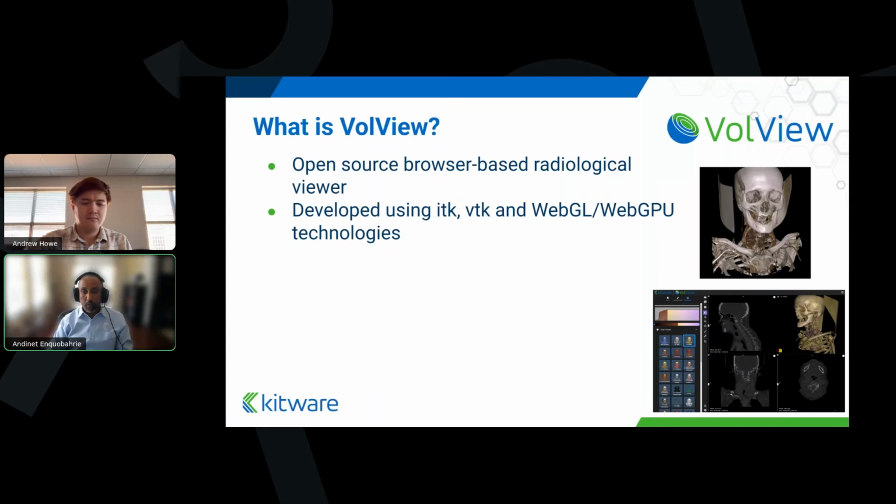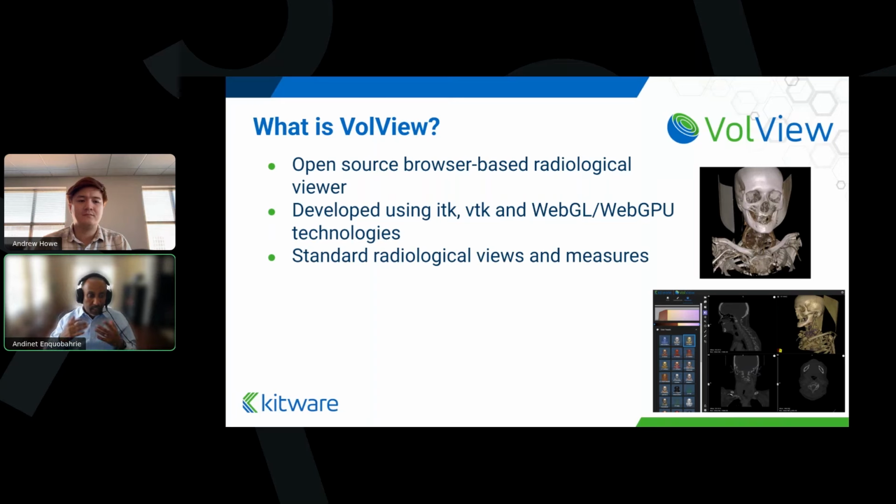It's built using very popular open source software, VTK, the Visualization Toolkit, ITK, the Insight Toolkit for segmentation and registration, and also other modern web technologies, WebGL and WebGPU. This allows VolView to provide fast, interactive 2D and 3D visualization directly in your browser.